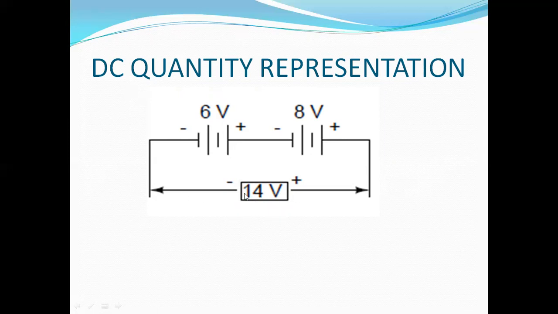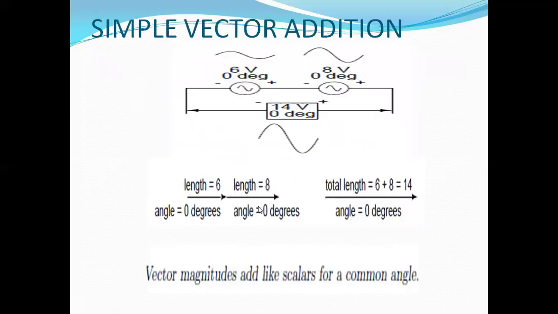So here we will get 14 volts. We can represent the DC quantity with the symbol of a battery, its magnitude is 6 volts, the other magnitude is 8 volts, and both are connected in series, and hence the magnitudes can be added. So it is 6 volts plus 8 volts, and you will get 14 volts.